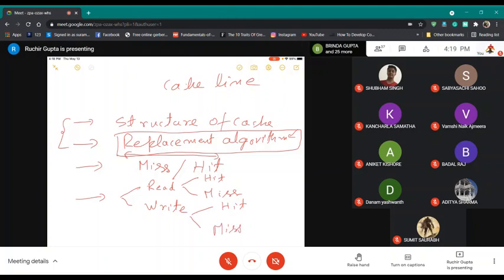Fine. So when there is a read hit taking place, not a problem. The data will be sent to the processor from the cache. What if there is a write hit happening? So what may be the problem in case of a write hit? Can somebody tell me?